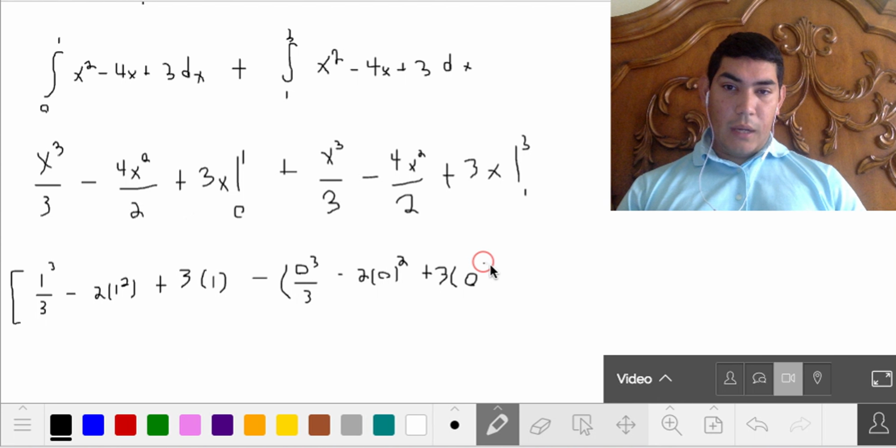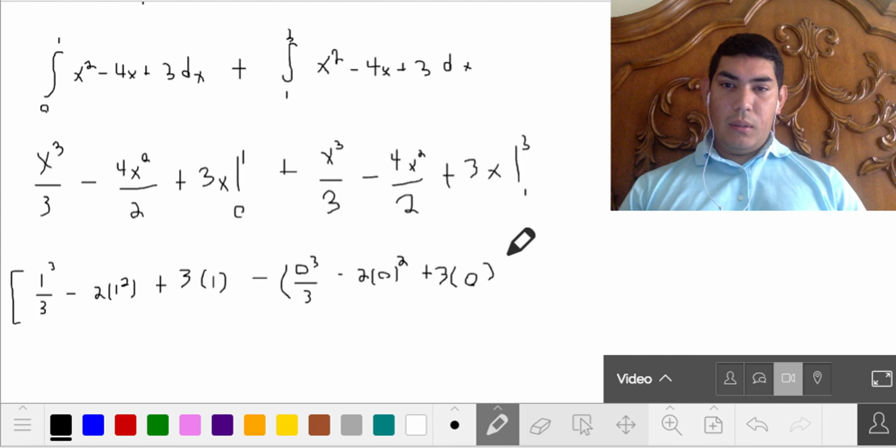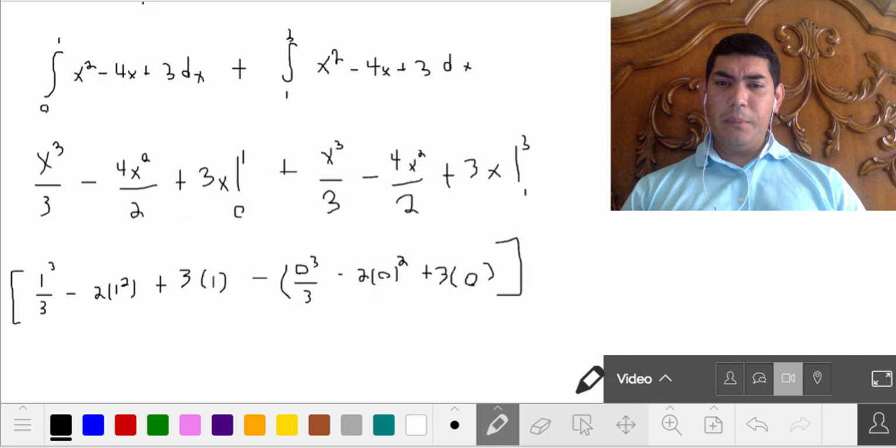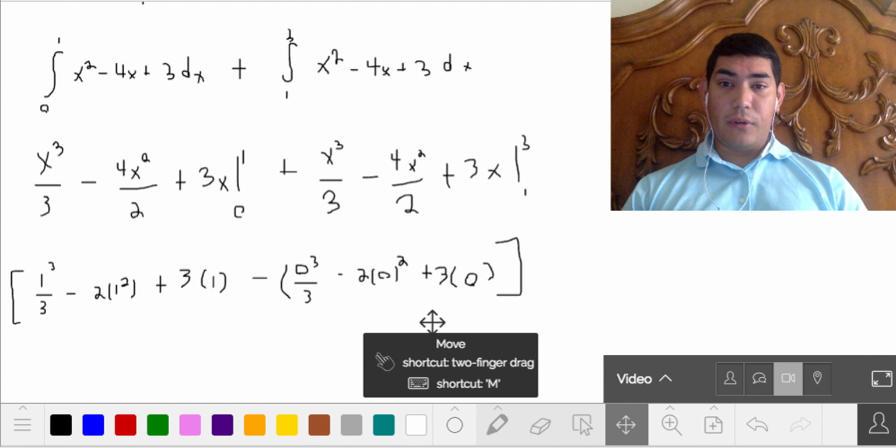Now I've finished inputting x equals 0, so let's simplify our solution, at least so far.